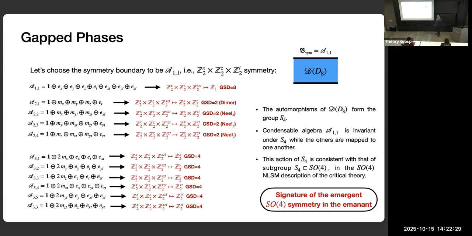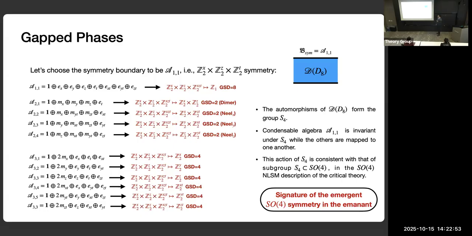That means that under those automorphisms of this quantum double, the top boundary will never change. However, the bottom boundaries are exactly mapped to each other, and this is why I grouped them in that form. So these four are permuted into each other under the action of S4. These six as well, they form an orbit, and then the top boundary is invariant.